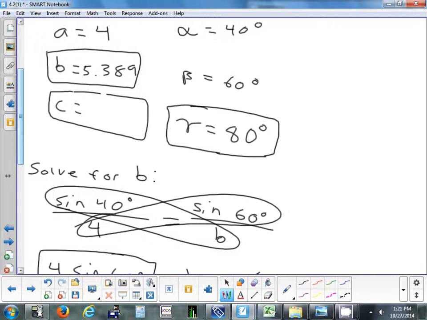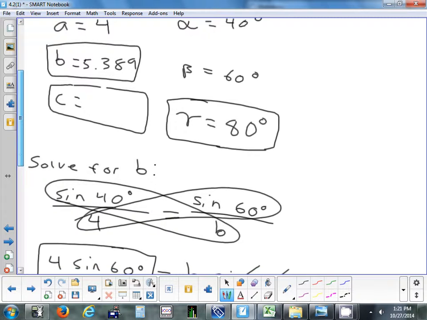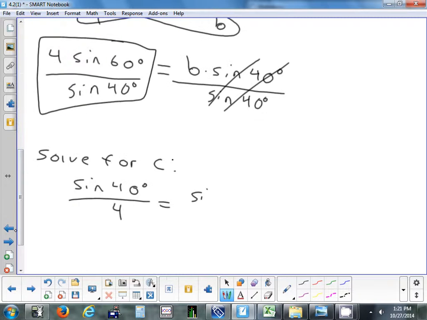So we have sine of 40 over 4, sine of gamma over c, and we'll fill in what we know. Gamma is 80, so sine of 80 over c. Now we're using the first part and the third part of the law of sines.